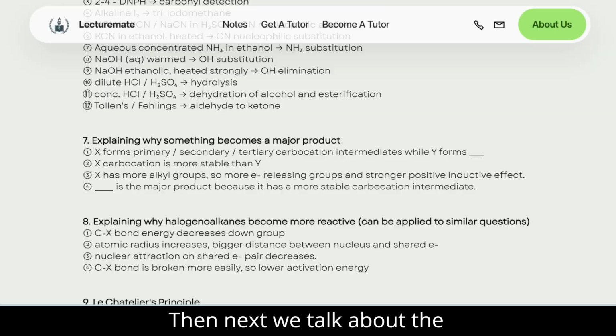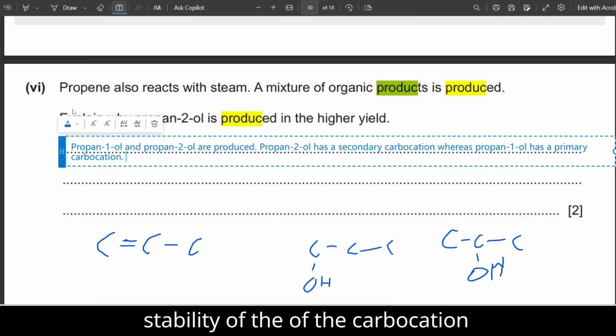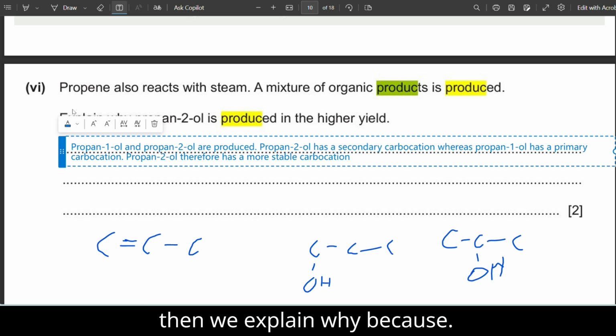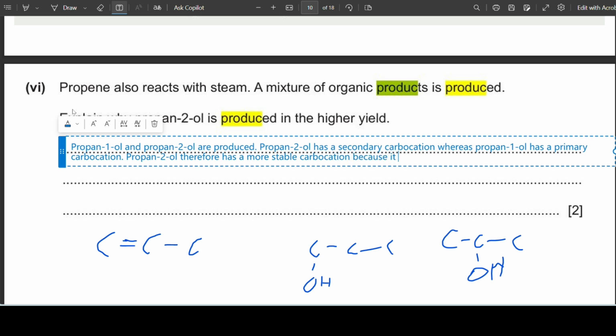Then next we talk about the stability of the carbocations. And then we explain why.